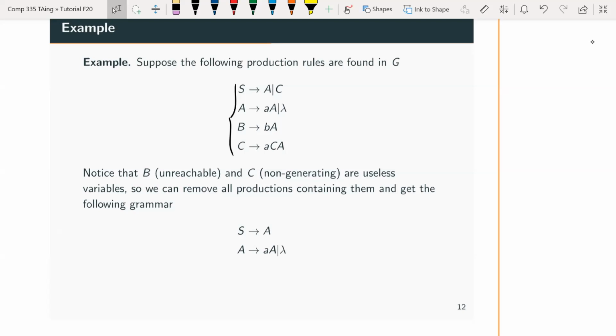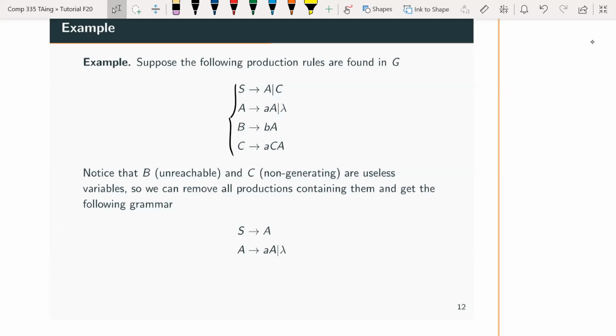Another scenario is that you're in a test and you're given a grammar with some useless variables. But I agree that in general, in practice, you only see useless variables when they're given to you. So that's a good question.